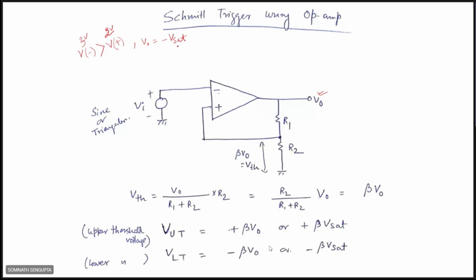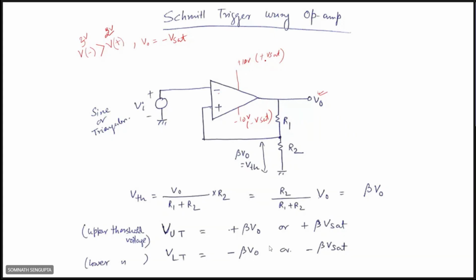Say if you apply plus 10 volt and minus 10 volt, plus 10 volt would be the plus V sat and minus 10 volt is the minus V sat. So these are the two saturation voltages.